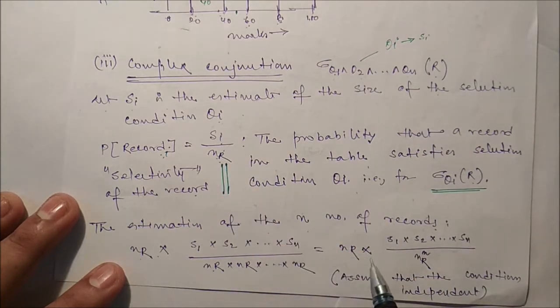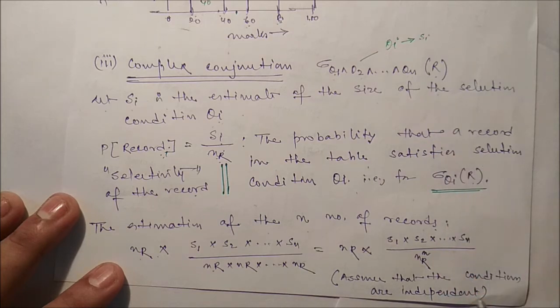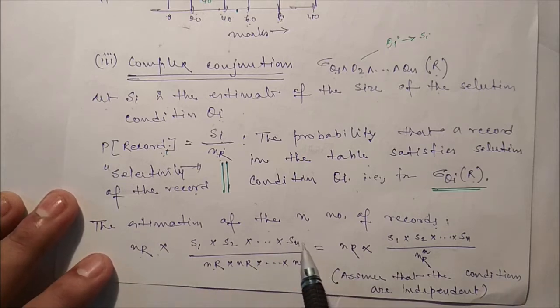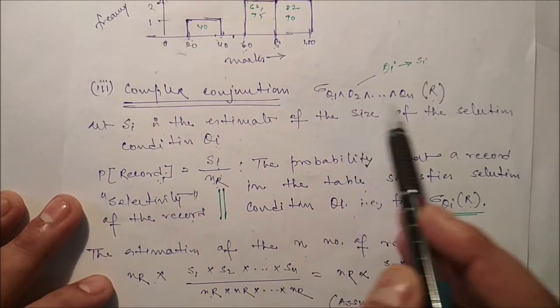So this is NR into S1 into S2 to Sn by NR to the power n, because n different conditions are there, and we assume that the conditions are independent. That's why we can multiply the probabilities. From that we can estimate how many records it will return for this conjunction.